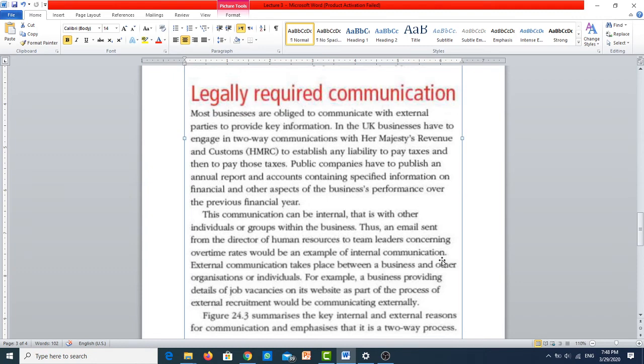Legally required communication is necessary for the government also, because the state is responsible for collecting taxes, and your business needs to pay them properly and on time.